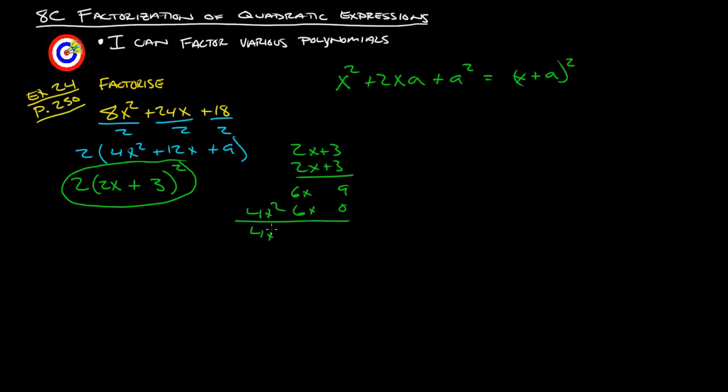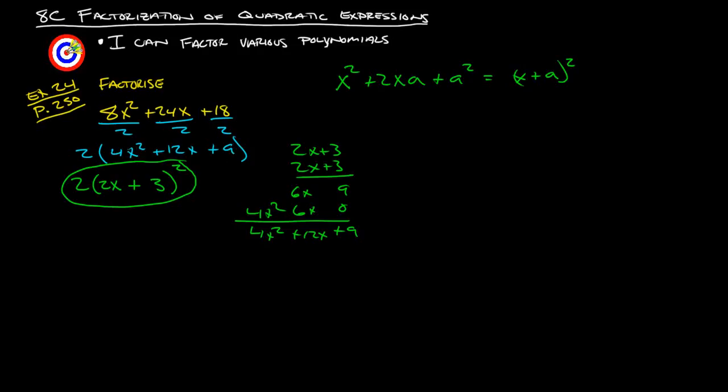Add those up and you get 4x squared plus 12x plus 9, and that's what we started with there. Okay? That one's definitely a little bit more on the tricky side because you have to somewhat know what these formulas are talking about. But basically there are lots of nice little shortcuts once you find a perfect square first term and last term.